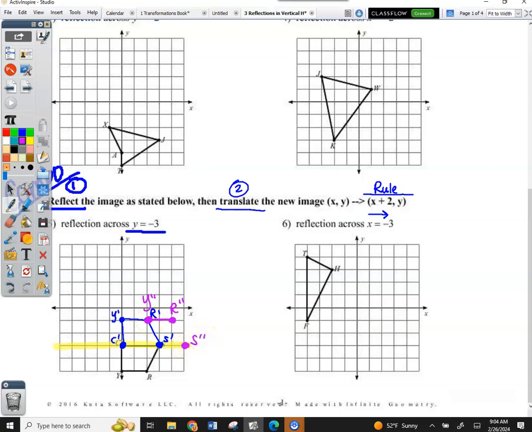Double prime. C double prime would be here. Please don't let the mess that's staying on top of itself start to confuse you.